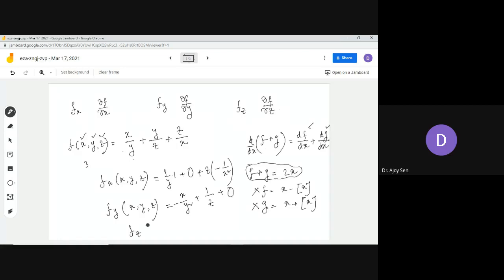And again, since you are taking z to be constant, when we take the partial derivative with respect to z, with x and y taken as constant, this term will be 0. This term will give you minus y by z square, and the last term will give you 1 by x. So in this way you can get the first order partial derivatives.